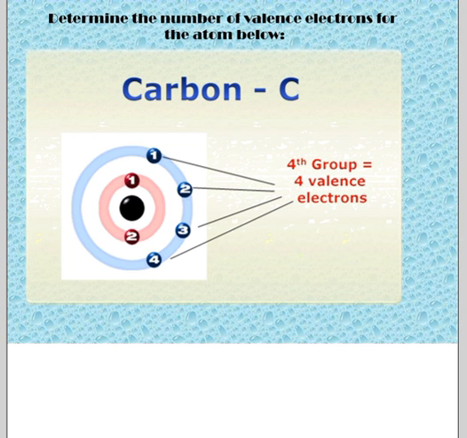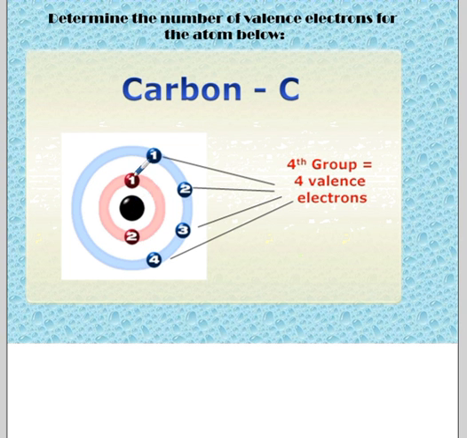So if I were to ask you to determine the number of valence electrons for an atom, here's what you would do. You have a couple options. You can use the periodic table to help you, or you could draw a Bohr model. So if I said, please find the number of valence electrons for carbon, you could draw the Bohr model, and here it is. Okay, so carbon, we didn't put all the little particles in the nucleus, because we've done carbon before.